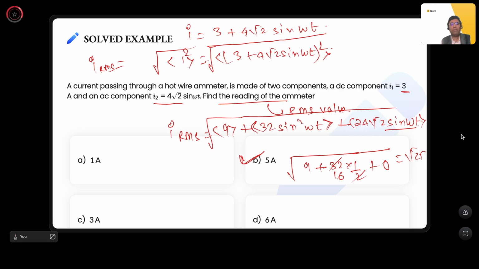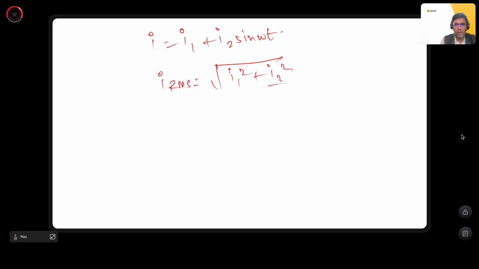So a direct approach I can give you: if it is given that I is equal to I1 plus I2 sine of omega t, then IRMS can be directly written as under root of I1 square plus I2 square upon 2. Whenever sine is multiplied, just divide by 2.